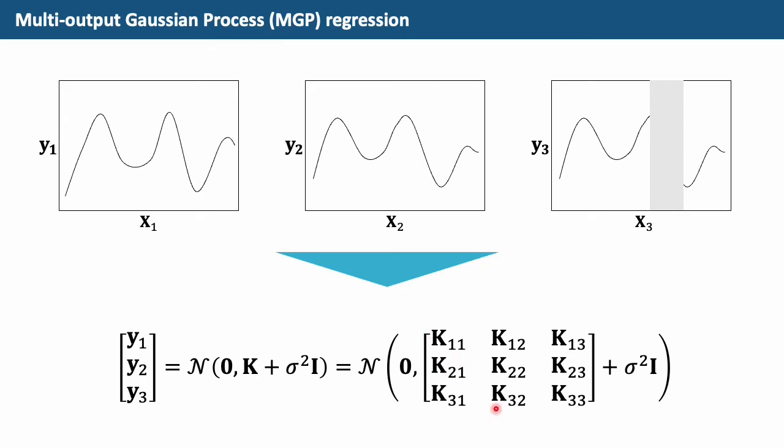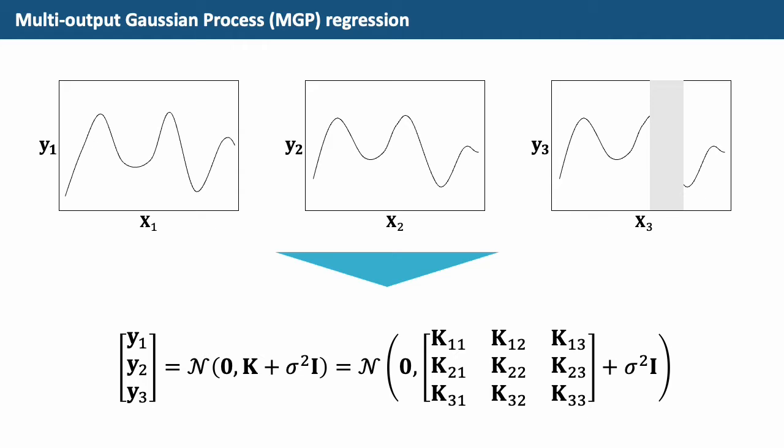For instance, K12 indicates a cross-covariance matrix between groups 1 and 2. With this idea, an MGP can characterize correlation between groups, allowing for transferring knowledge between groups, which is a key property useful in multi-output regression.